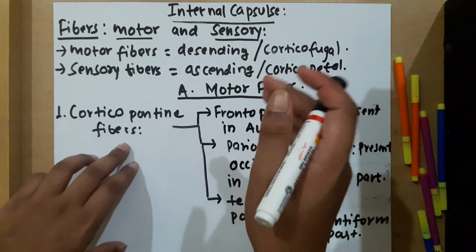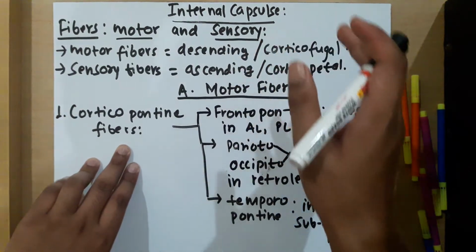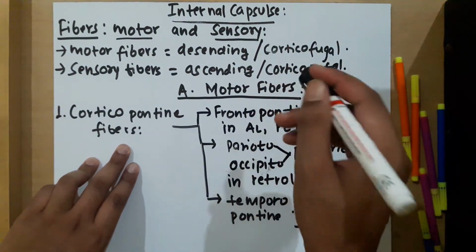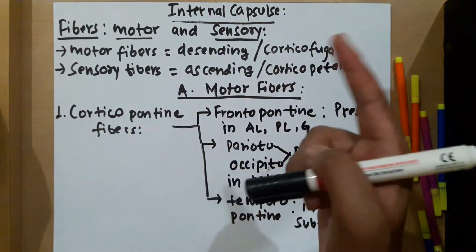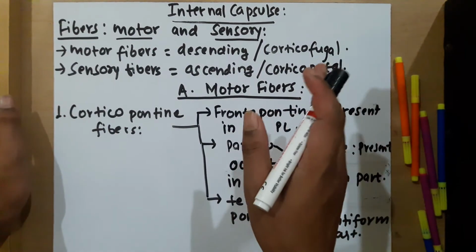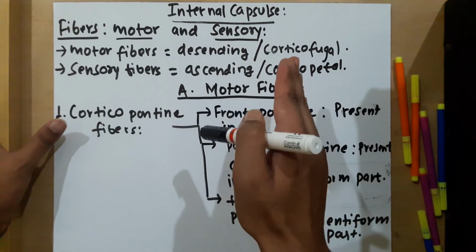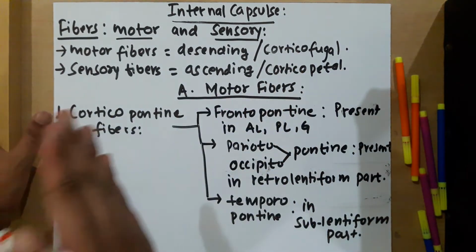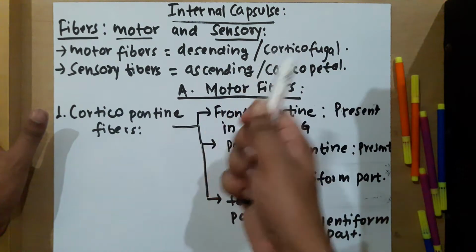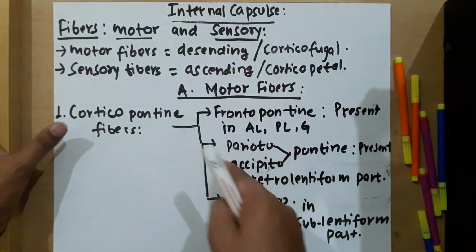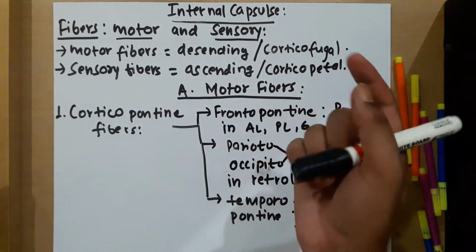But the corticopontine fibers, at the level of the pons, relay to the pontine nucleus and then go to the opposite cerebellar hemisphere, I am saying cerebellar, not cerebral, through the middle cerebellar peduncle. This pathway forms the corticopontocerebellar pathway.